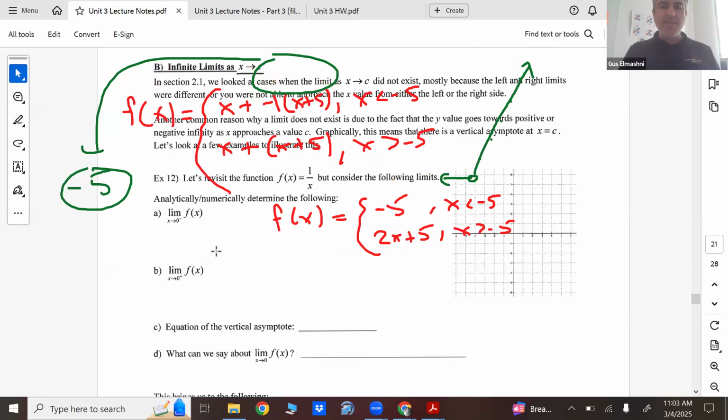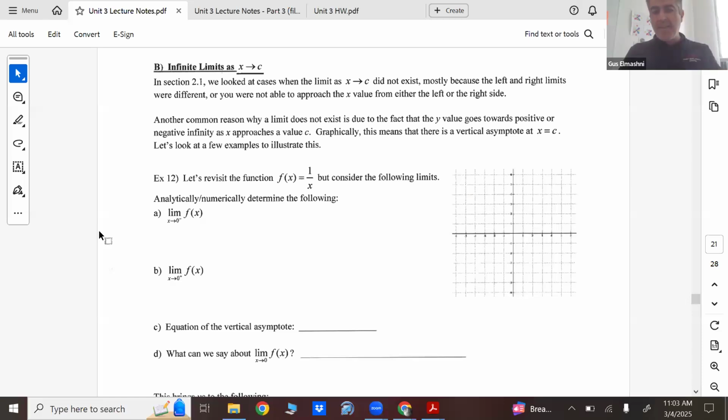Okay, let's see. I don't want to rush this, but let's see how I can do with this today. Okay, 1 over x again. We know what's happening here. You have all this junk, right? Okay, all's good.